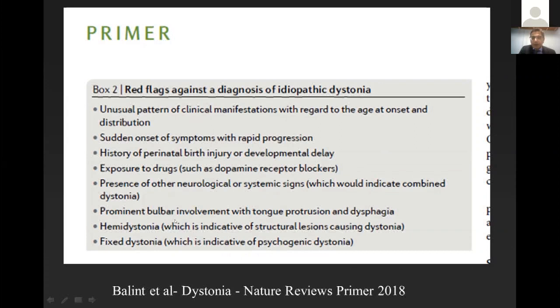So these people will have a lot of bulbar involvement or a lot of tongue protrusion and dysphagia. This is a bit unusual for idiopathic dystonia. This is seen more in NBIAs or neuroacanthocytosis, etc. So you would be careful about a secondary cause. Occasionally, you can have somebody with orofacial dystonia, which is isolated, particularly in older age of onset. But in the young ones, that should not happen. Hemidystonia and fixed dystonia are obviously red flags for primary dystonia.